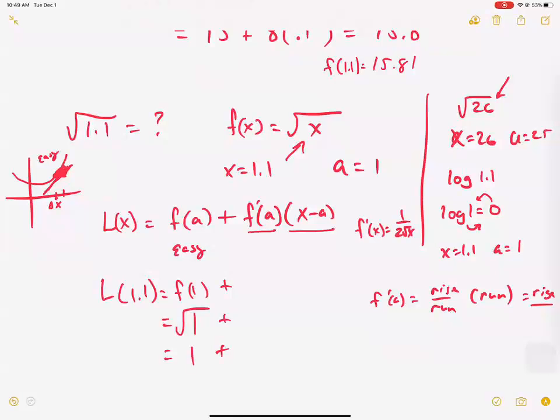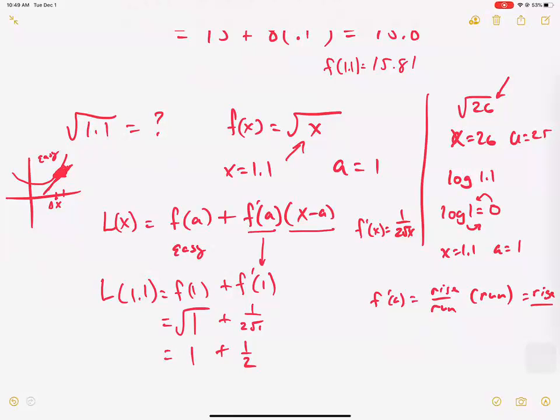Does that go with you guys pretty fast? We're going to plug in 1 here, right? That's our easy value. We only want to take the derivative at the easy value. That's going to be 1 over 2 square root of 1, which becomes 1 over 2. Hey, that's an easy value for me. I like that. No calculator work here, because we knew what the square root of 1 is.